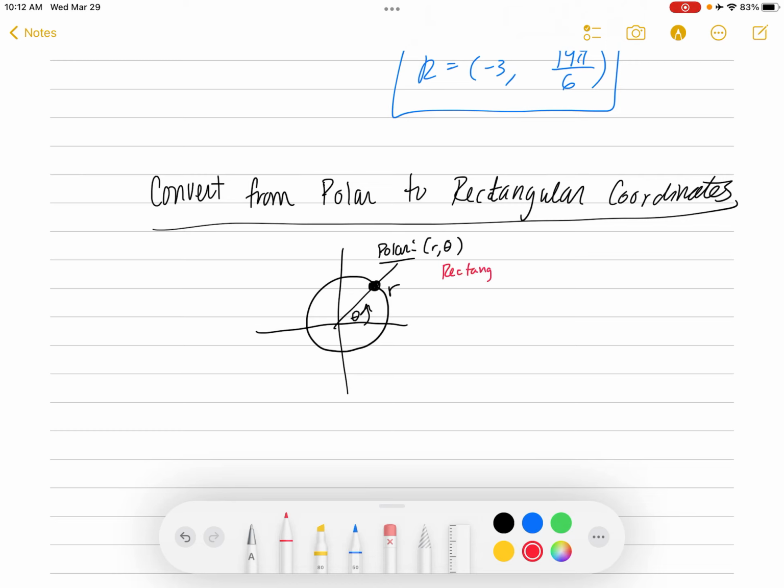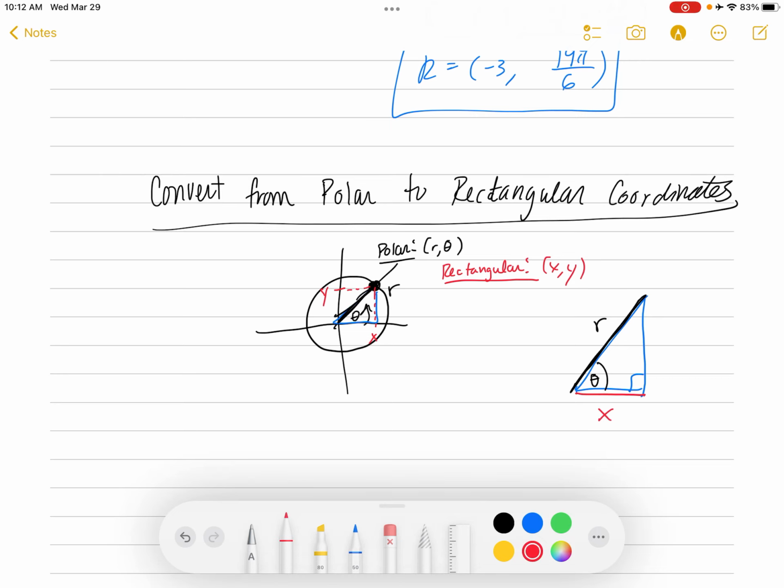Well, this also has a pair of rectangular coordinates x and y, right? So here's the x, and here's the y. So if I focus on this little blue triangle right here, we got our angle is theta. We have our radius here is r.